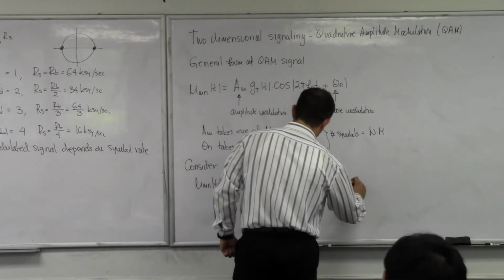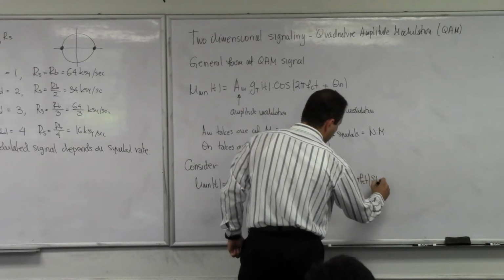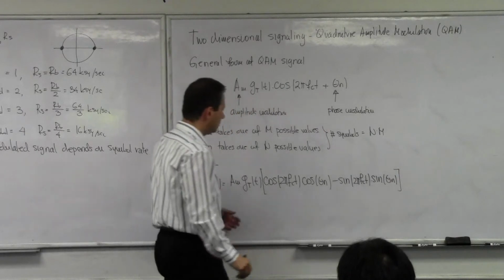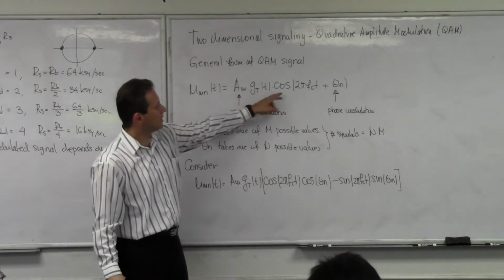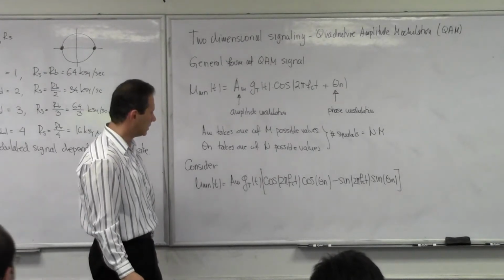Minus sine of 2 pi f_c t times sine of theta n. What did I do? Nothing smart. I just realized that this is the sum of the two angles. I'm writing that as the sum of the two angles.